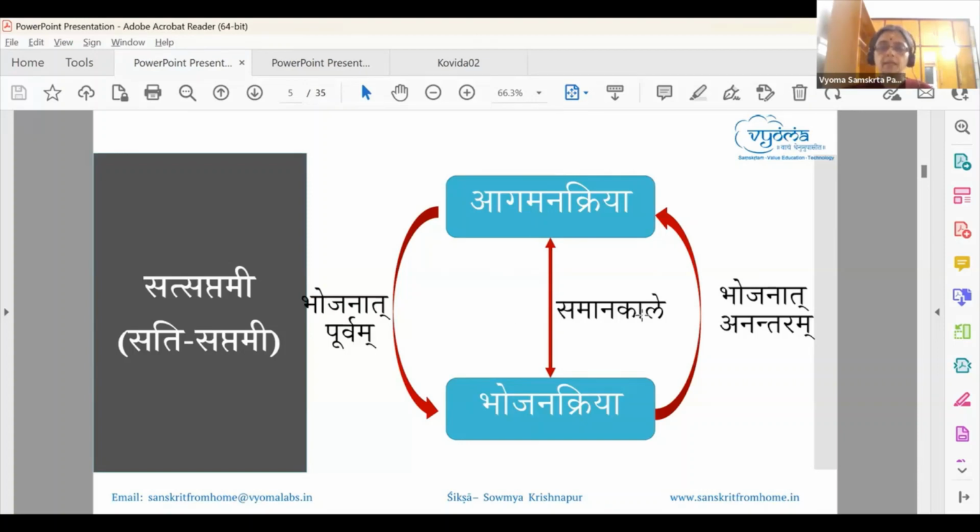Samana kale: he comes exactly at the time when the other person is eating. Or bhojanat anantara: he can come after the other person has eaten. So the point is that one action is indicating the time in which the other action takes place.